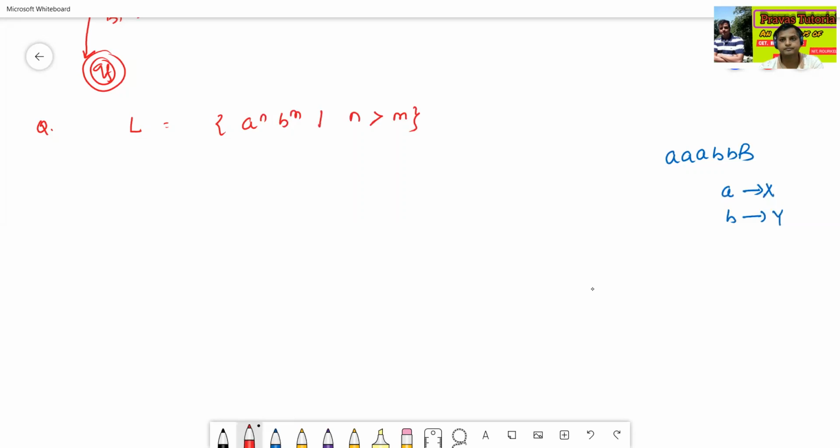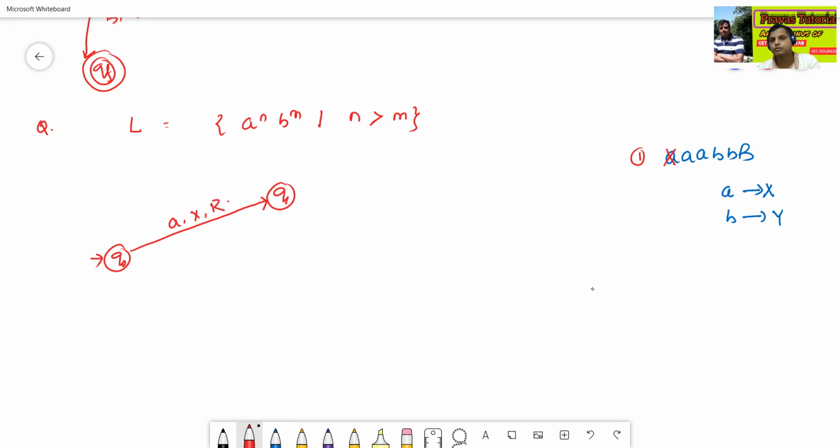This is the first step. Q0 is the initial state. Q0 reads A, writes X and moves towards right, so it goes to the Q1 state.